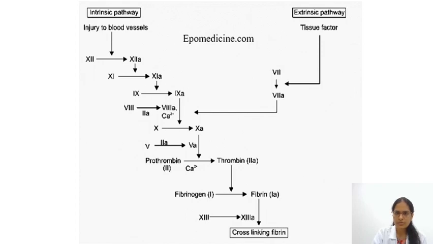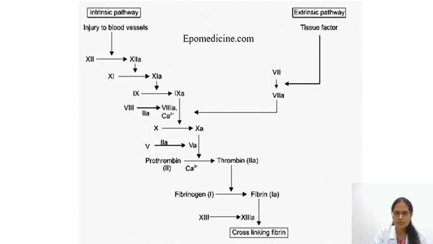This activated factor 7A will further lead to activation of 10 to 10A. Next, prothrombin to thrombin. Then fibrinogen is converted to fibrin. The fibrin monomers will be formed, which ultimately leads to cross-linking of fibrin with the help of factor 13. So altogether, this will be responsible for primary and secondary hemostatic plug formation.